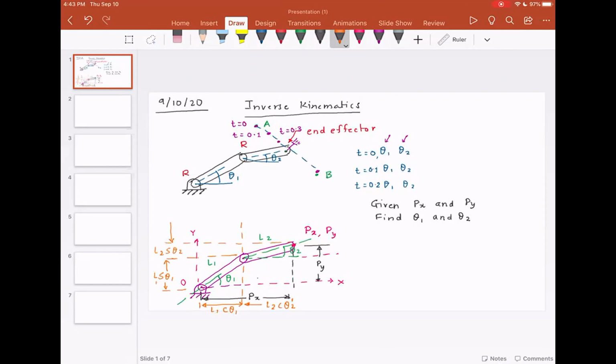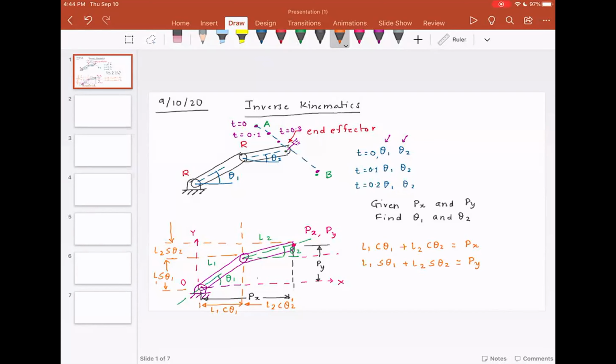So what it means is my equations are of the form L1 cosine theta 1 plus L2 cosine theta 2 is equal to Px, L1 sine theta 1 plus L2 sine theta 2 is equal to Py.